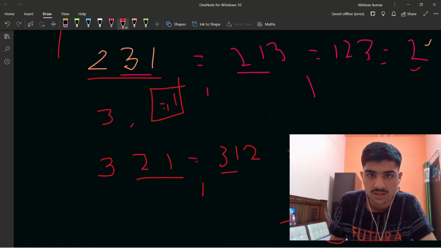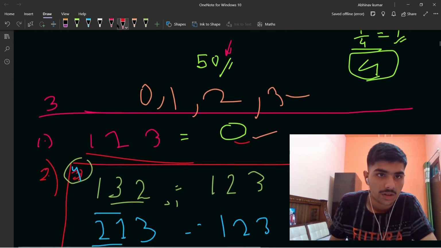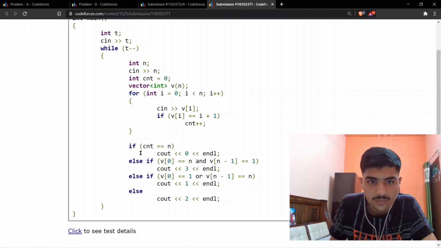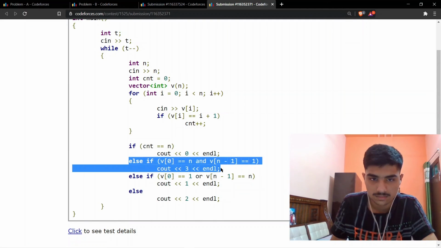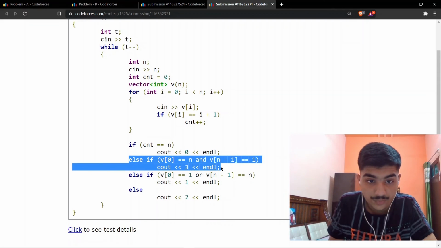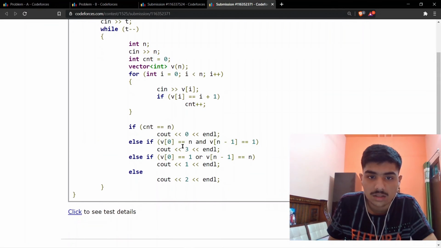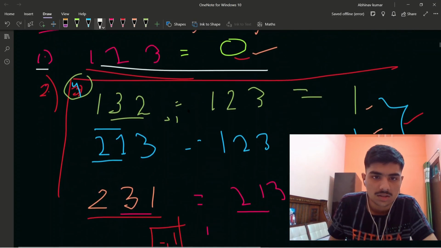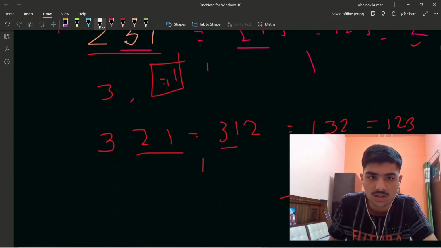This basically represents this case, when the array is sorted, the first case. Okay, if that's not the case, then we are going to move to the next case. When the first element is in the last position and the last element is in the first position, that means this is the last case.